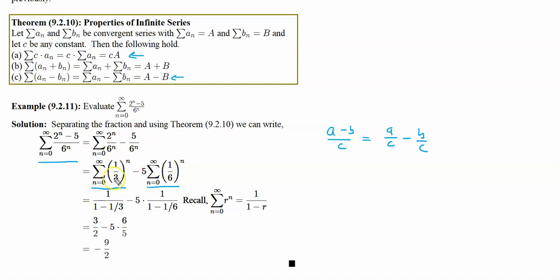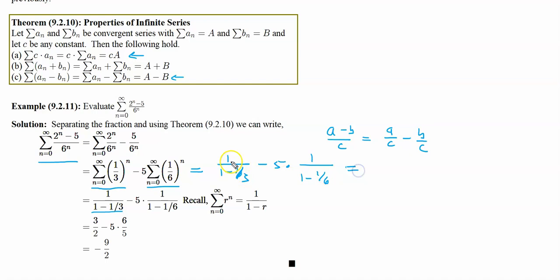So the first one right here will equal 1 over 1 minus 1/3, as we have right here. And then 5 times this one right here will be 1 over 1 minus 1/6.